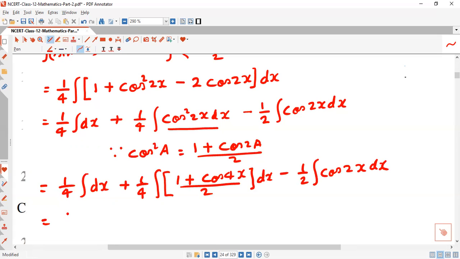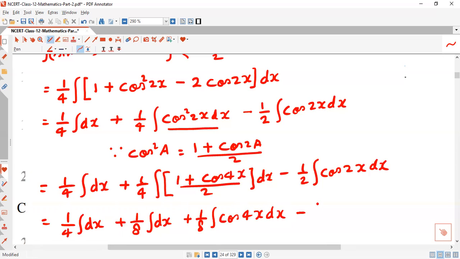So again we say 1 by 4 integration of dx plus we take the 1 by 8 integration of dx plus 1 by 8 integration of cos 4x dx minus 1 by 2 integration of cos 2x dx.